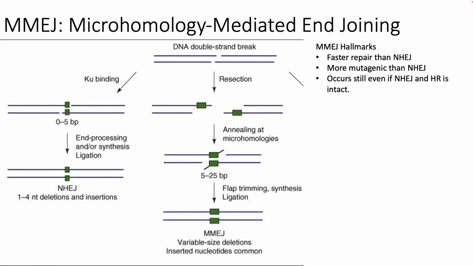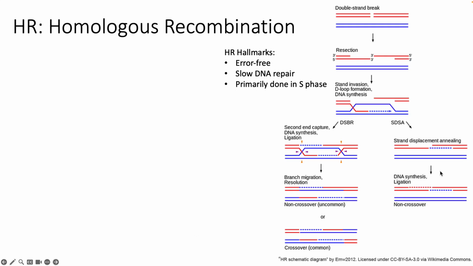It's more mutagenic than NHEJ, and it can still occur even if NHEJ and HR are intact, like those processes aren't interrupted. It's kind of just a backup mechanism for DNA repair.